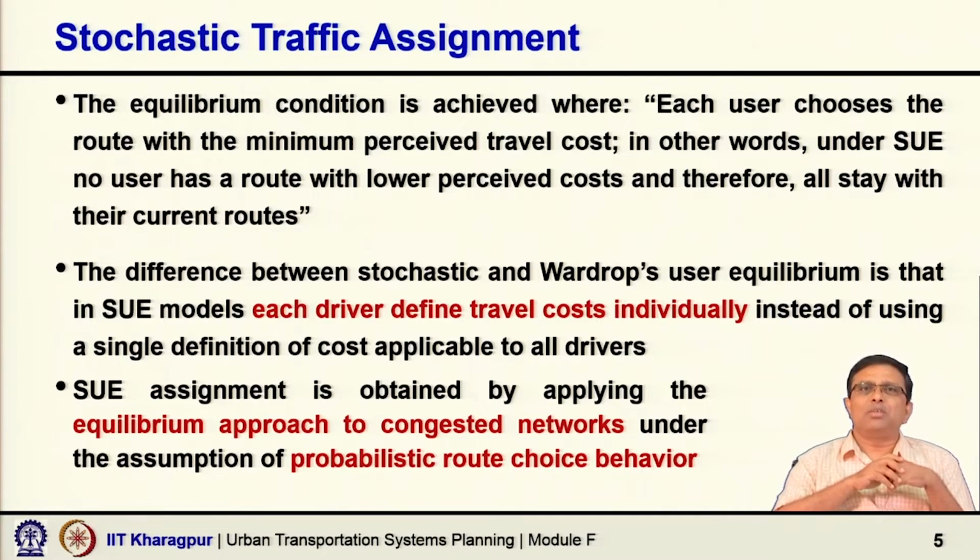So, in SUE, assignment is obtained by applying the equilibrium approach to congested networks under the assumption of probabilistic route choice behavior. Stochasticity is there. So, the model is a probabilistic model. Route choice behavior is probabilistic, like the probabilistic mode choice model. Similarly, here also it will be a probabilistic route choice model, but still the equilibrium will be reached, in a slightly different manner, as I explained.